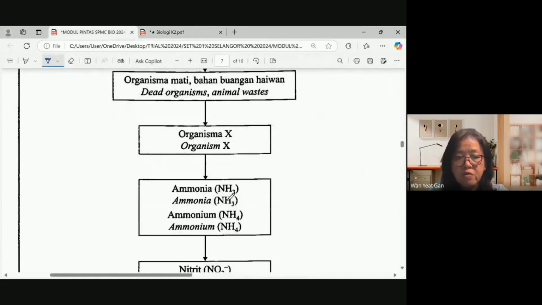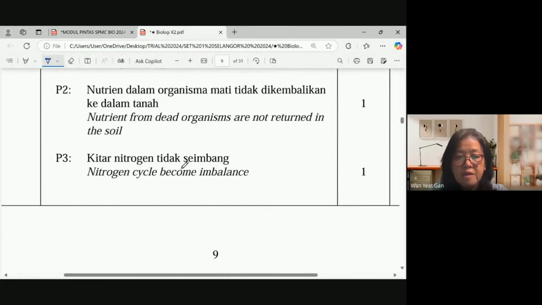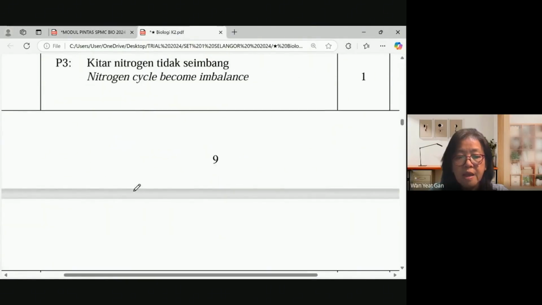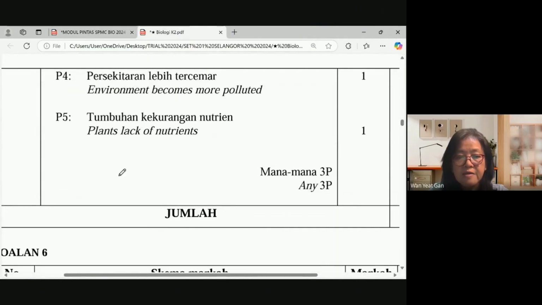So there is no ammonium in the soil, and this will result in the soil being infertile and the plants will lack nutrients. On top of that, of course, the environment becomes more polluted because there are more dead organisms found in the environment.